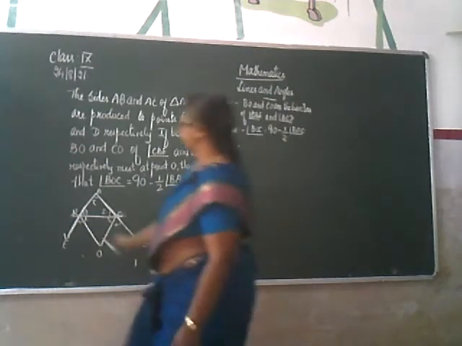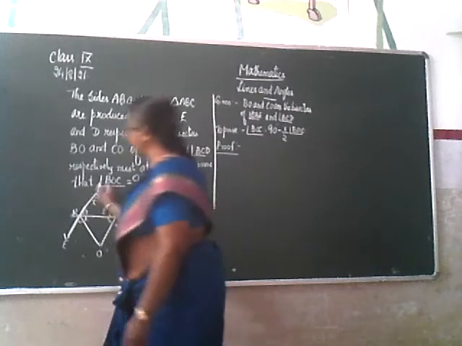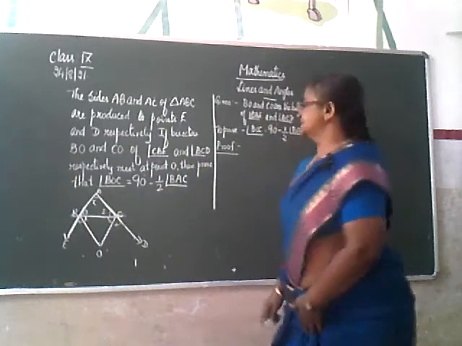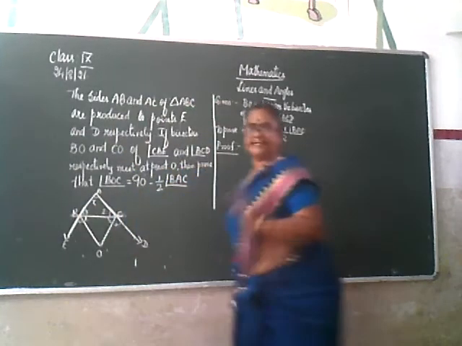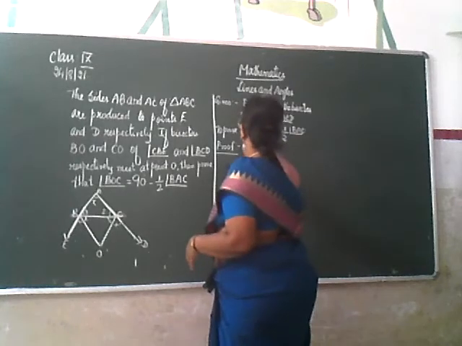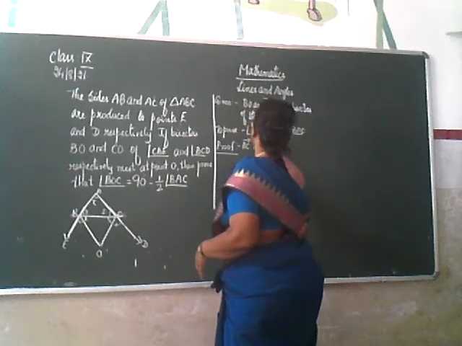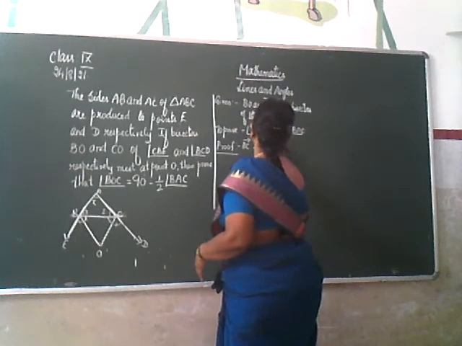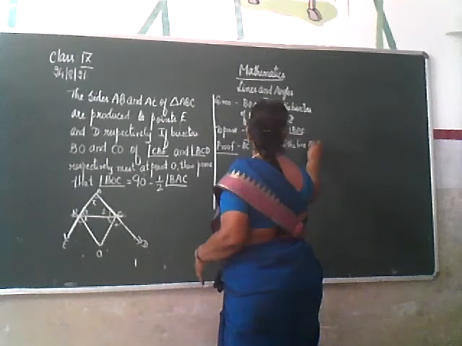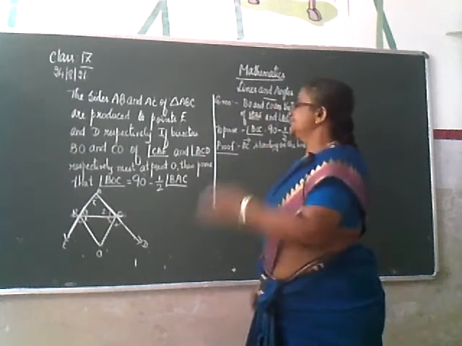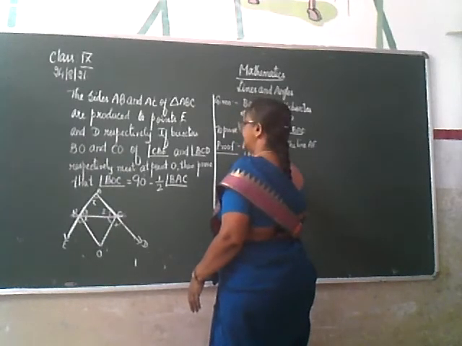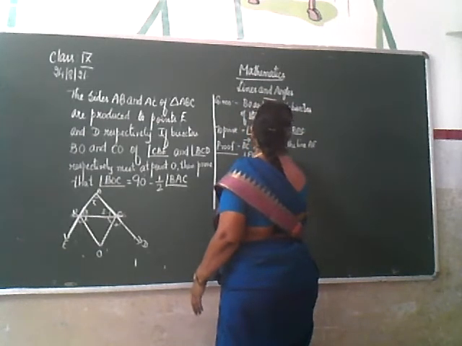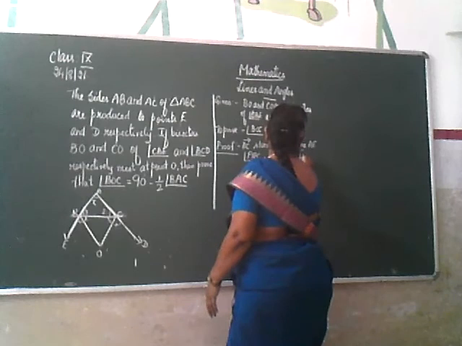So, if I consider BC is the ray standing on the line AE, I can say angle ABC plus angle CBE is equal to 180 degrees by theorem.